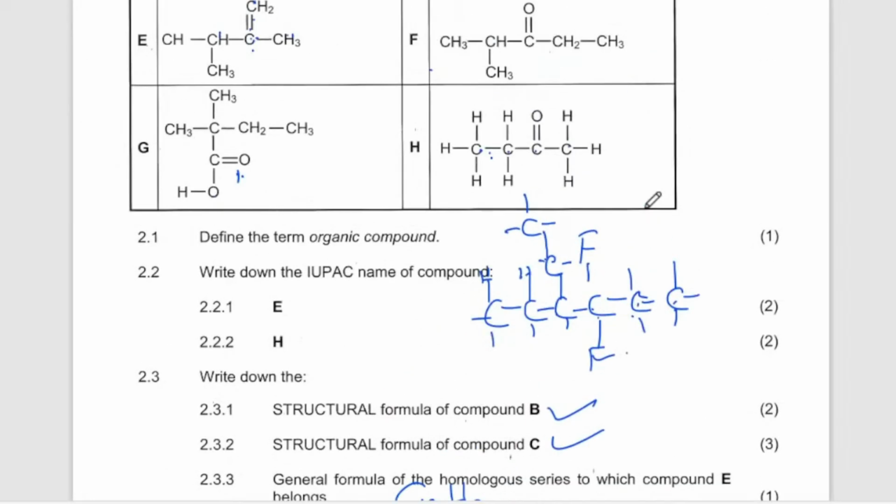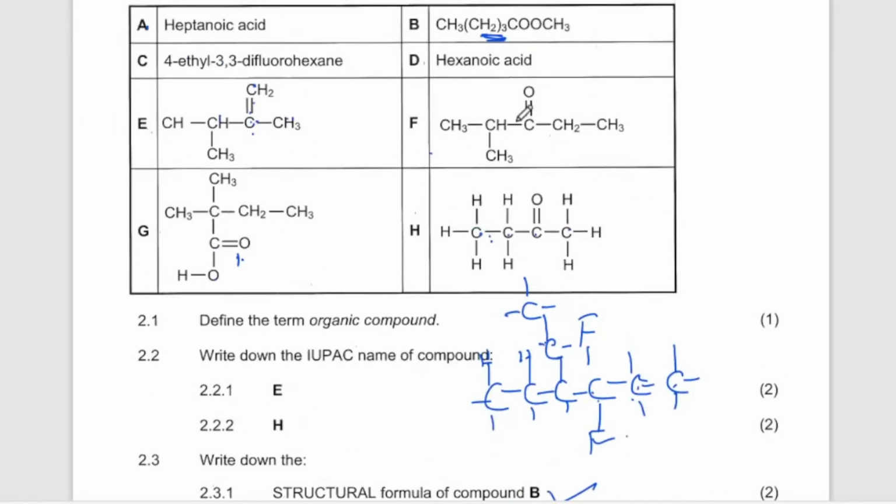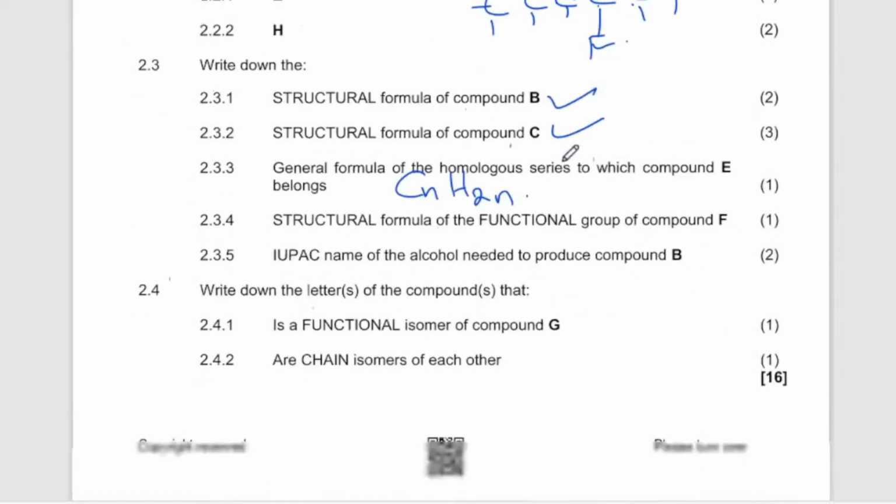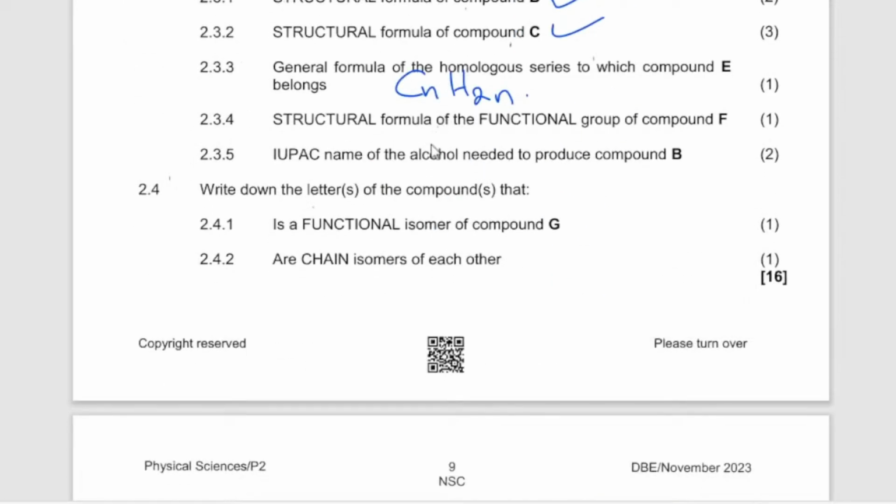So we go to the functional group of F. F is a ketone. Therefore, here you just come and write the structure formula of it. That's basically what you're supposed to write. However, sometimes some people put a bracket like that, so it's the same thing.